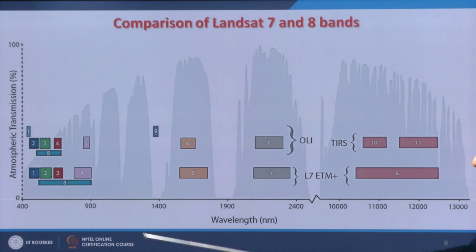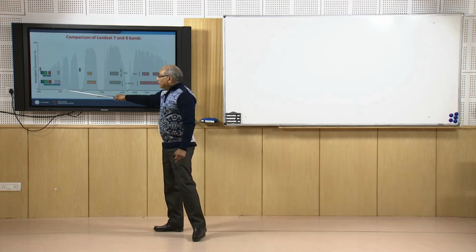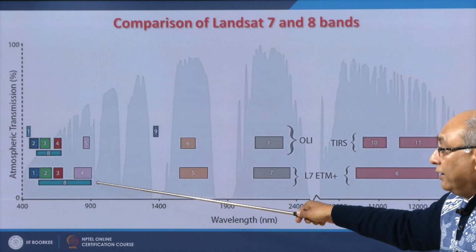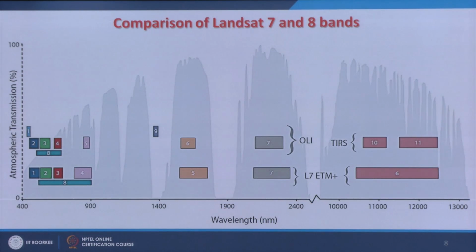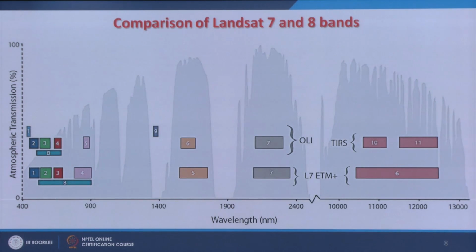Similarly, as you can see, the panchromatic band, instead of covering a very large area of the visible part of the EM spectrum as in Landsat 7, where band 8 had a very broad spectrum, now in Landsat 8 band 8 has almost half the width.